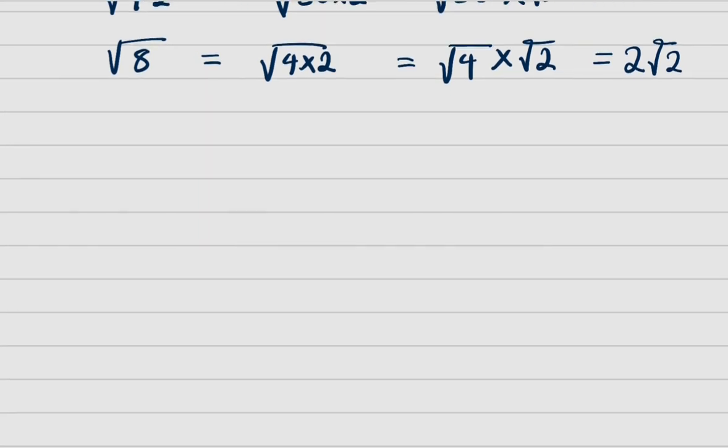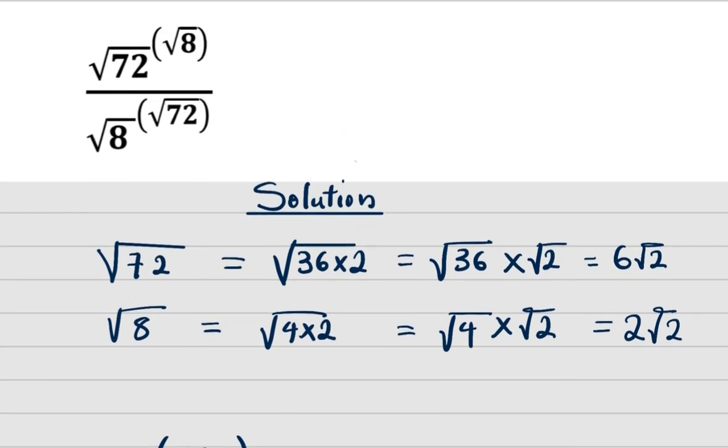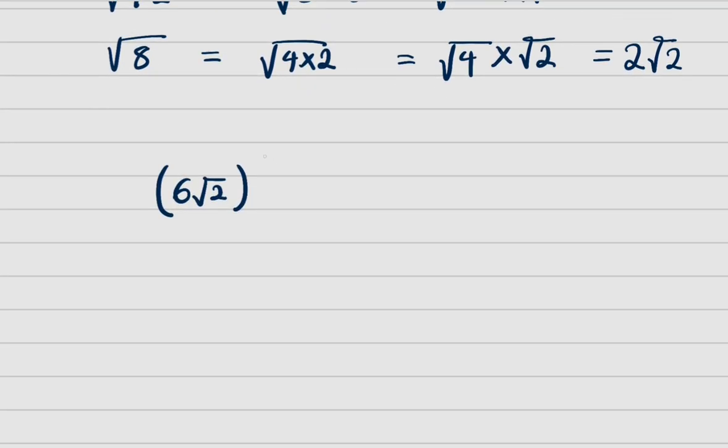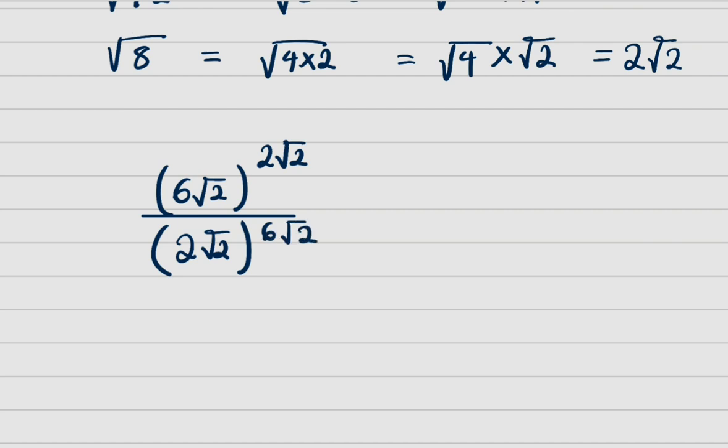Instead of having root of 72, I'm going to have 6 root 2. Then it's going to be raised to power, instead of raised to power root of 8, I'm going to have raised to the power 2 root 2. All right. The same thing at the denominator. I'm going to have 2 root 2 all raised to the power of 6 root 2.